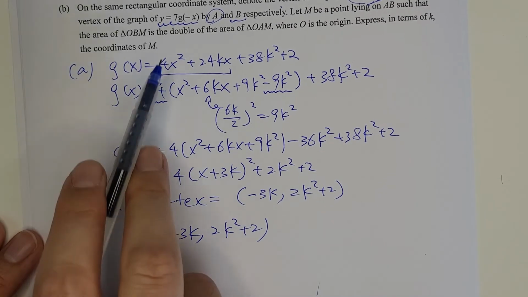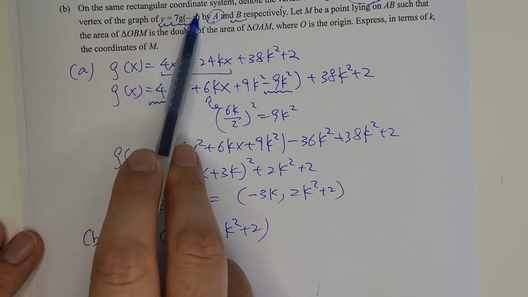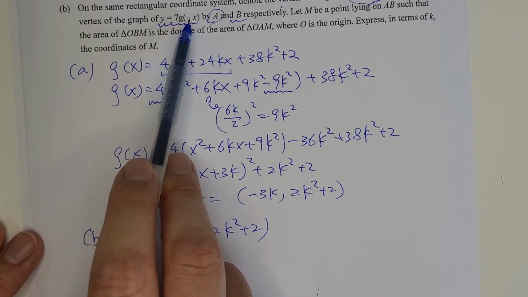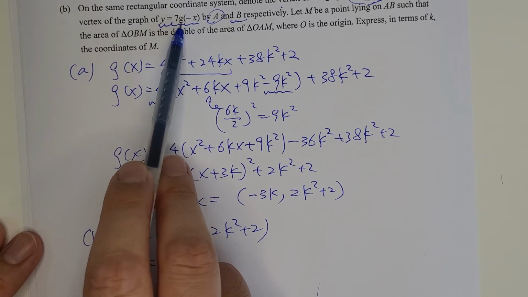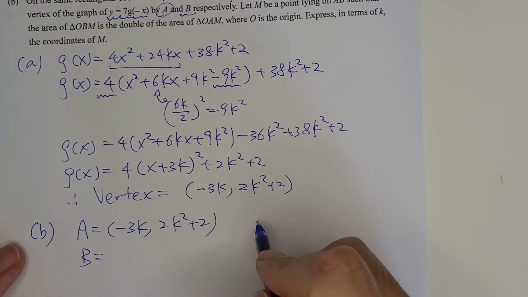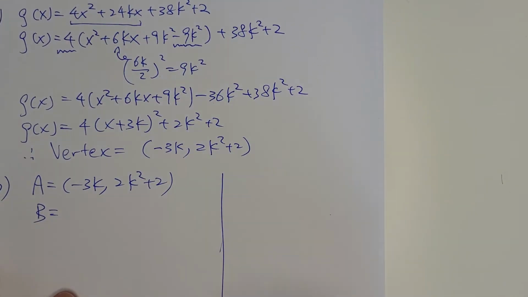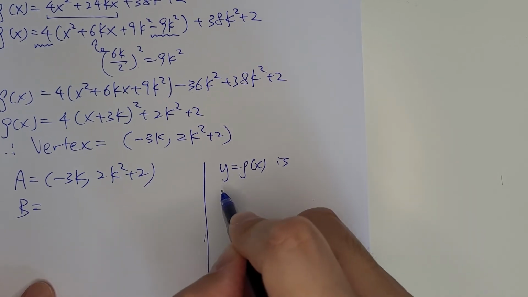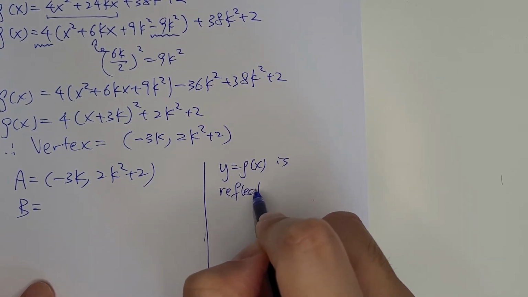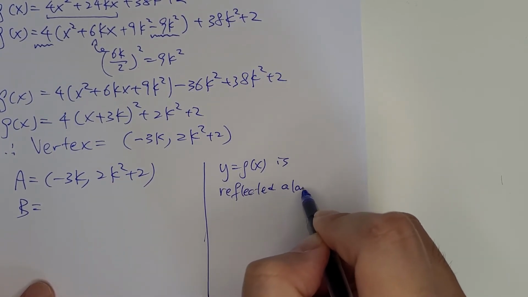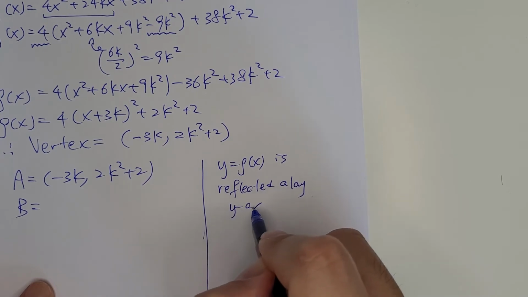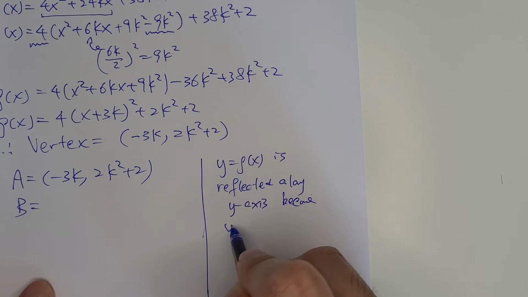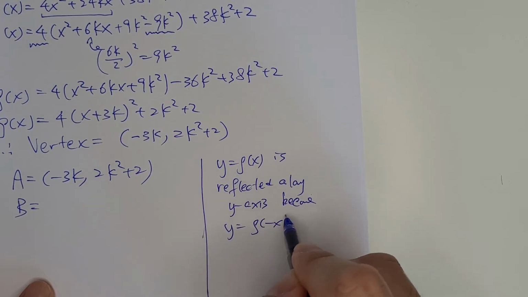Point B, that is the vertex of this graph of y equals 7g(-x). What does that mean? That means the graph y equals g(x) is reflected along the y-axis to become y equals g(-x).